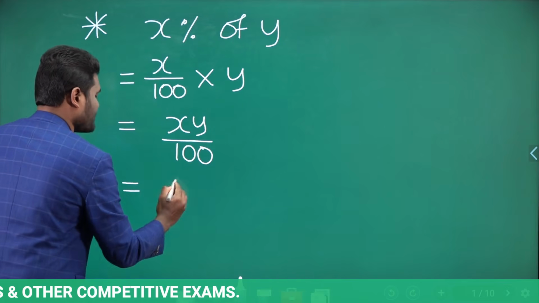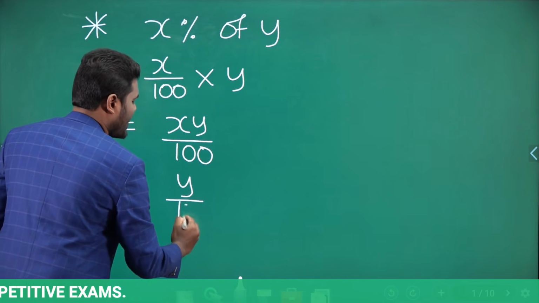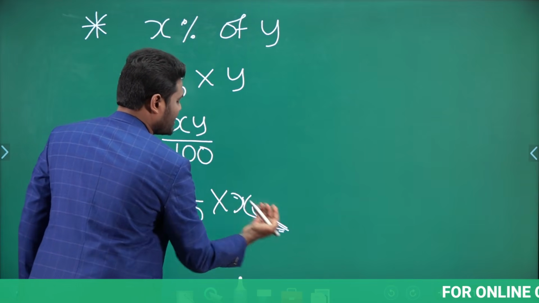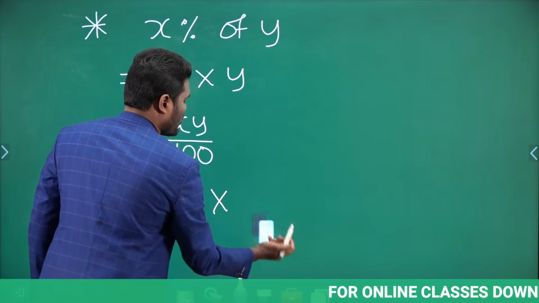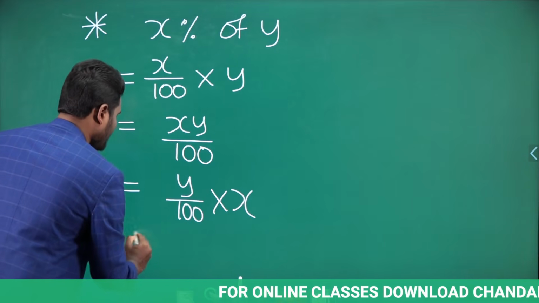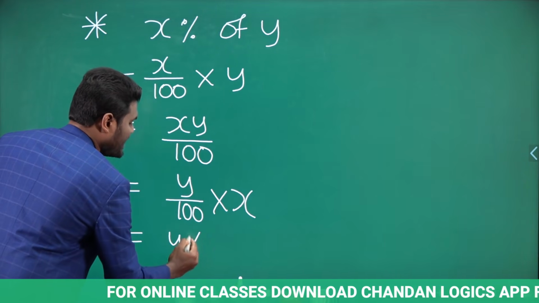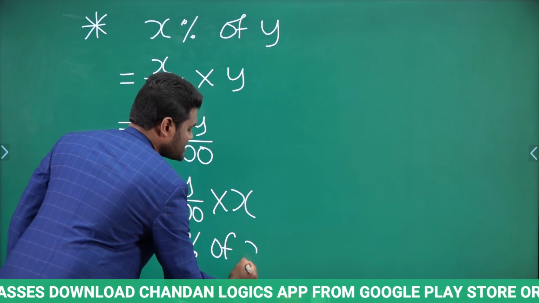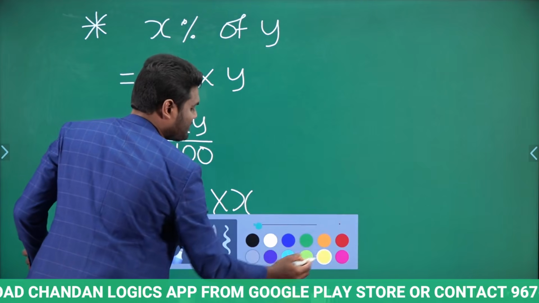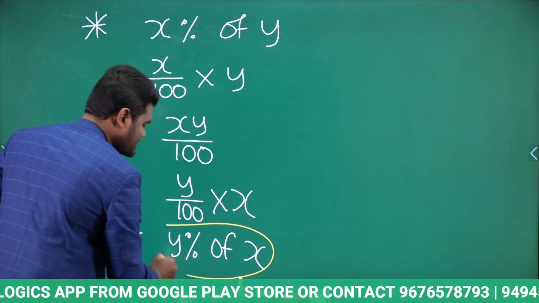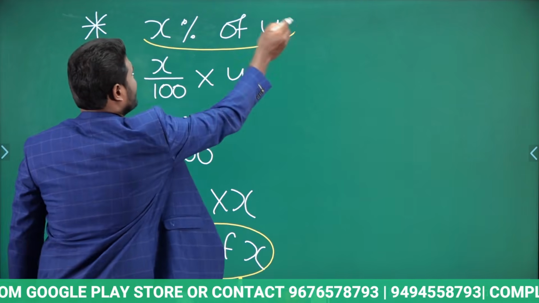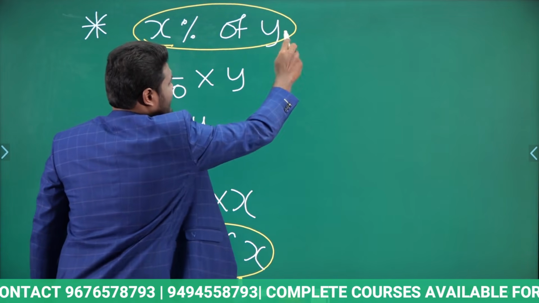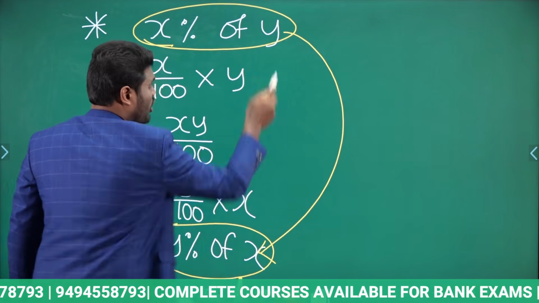Now, can I write it in this way, y by 100 into x? Now, if you observe here, what is y by 100? Y by 100 is nothing but y percent, multiplication is nothing but of x. Yes or no? Now, if you have observed here, this is y percent of x, and this is x percent of y, which means x percent of y is the same as y percent of x.